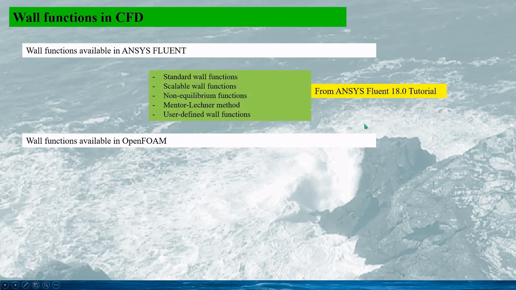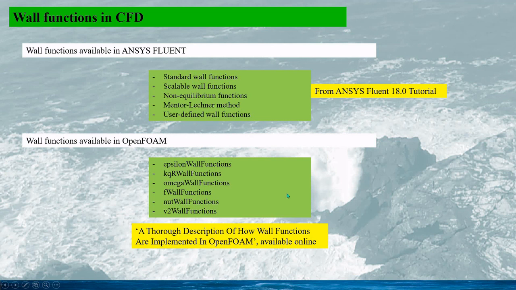In ANSYS Fluent version 18, the available wall functions include standard wall functions, scalable wall functions, equilibrium wall functions, the Menter-Lechner method, and also an option for users to define their own wall functions.